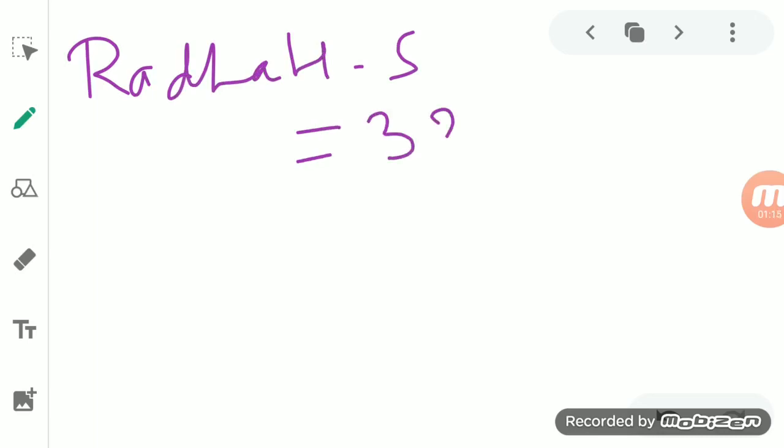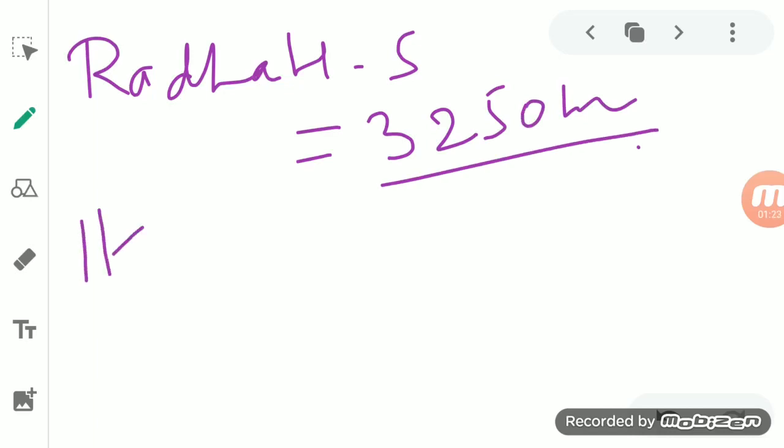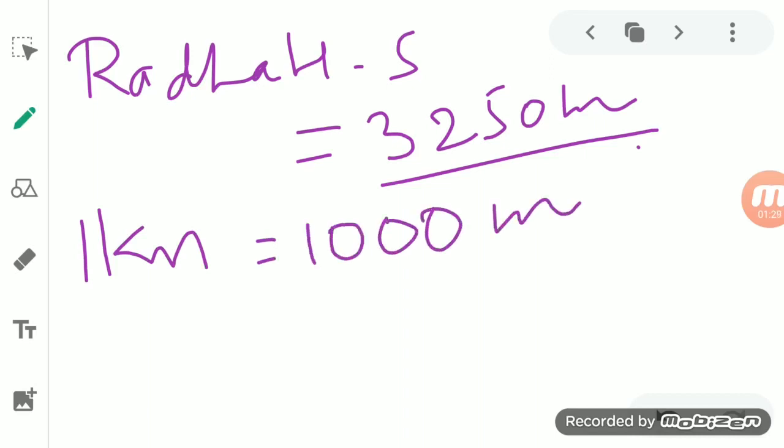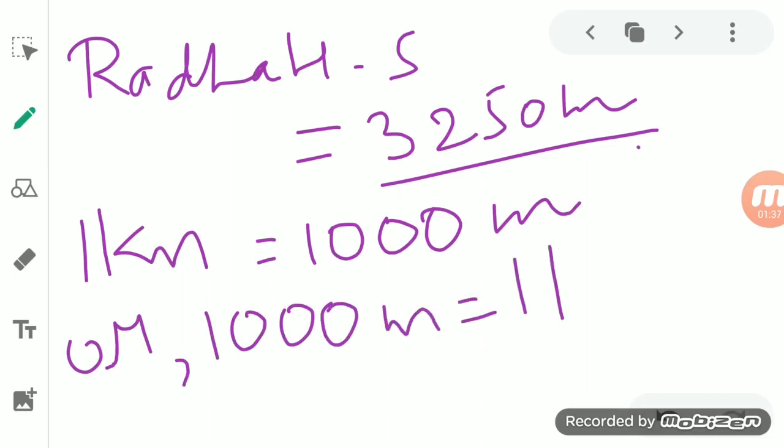Distance is 3250 meter. Okay, so we have to convert this into kilometer. So we know that 1 kilometer is equal to 1000 meter. Okay, or we can say that 1000 meter is equal to 1 kilometer. That is the same thing only.